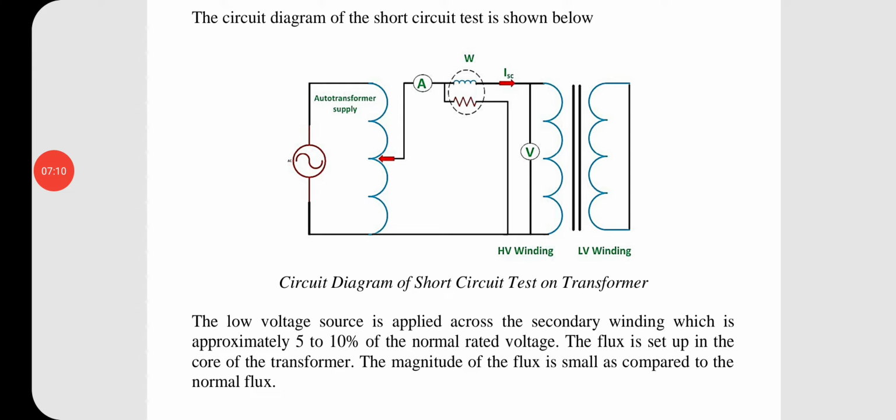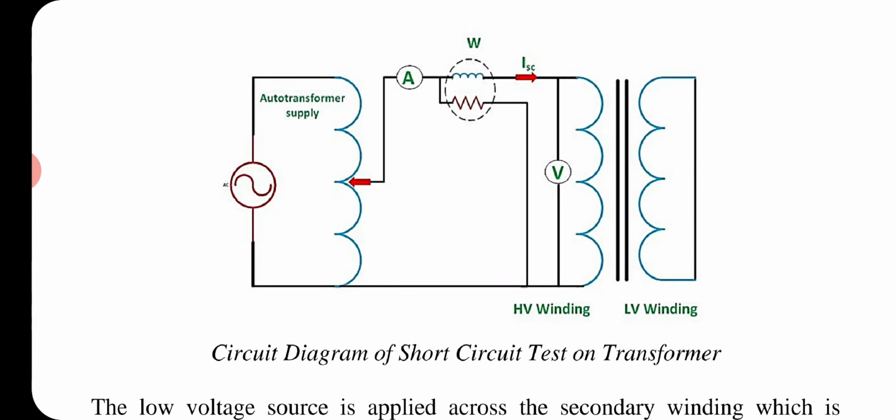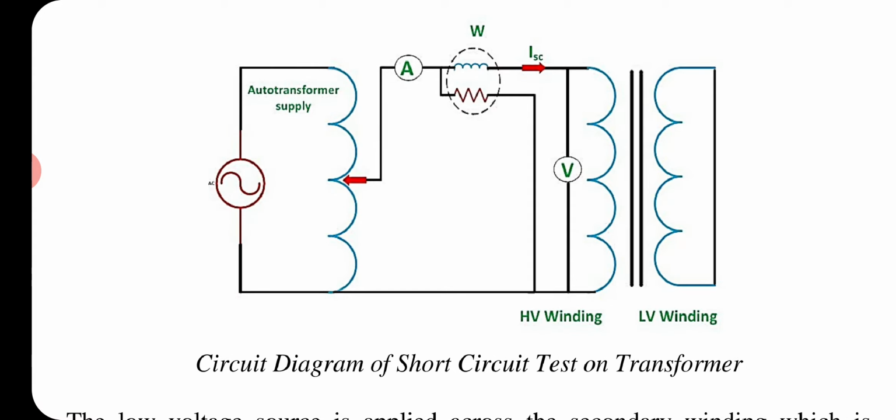Now there is a common question: why are we performing this test on the high voltage winding? This is because of safety purposes. What's happening? We are feeding the high voltage winding around 5 to 10% of the rated voltage, and there will be a lesser amount of induced EMF in the low voltage winding because we are short circuiting it.